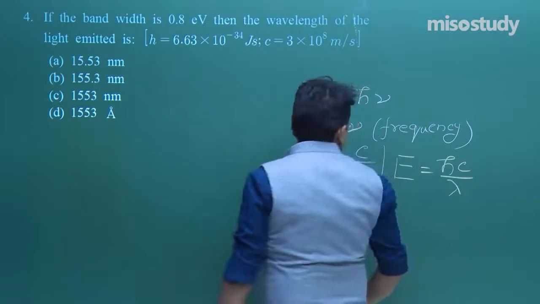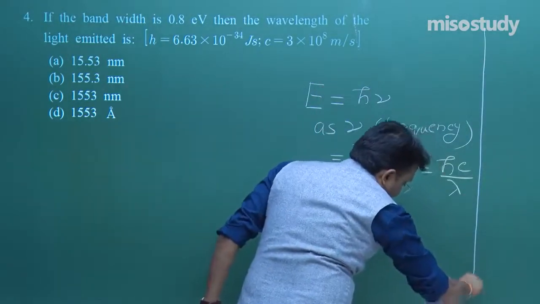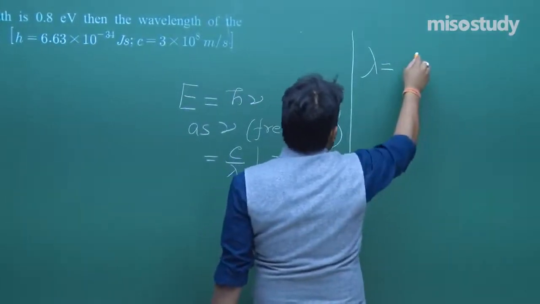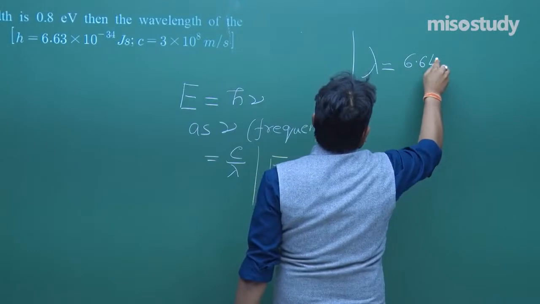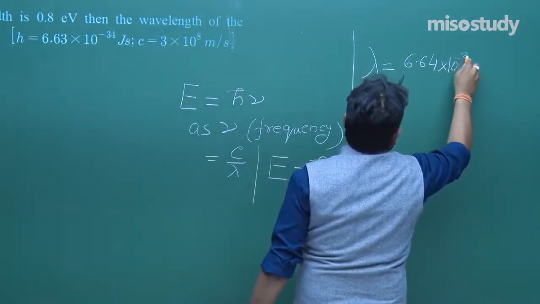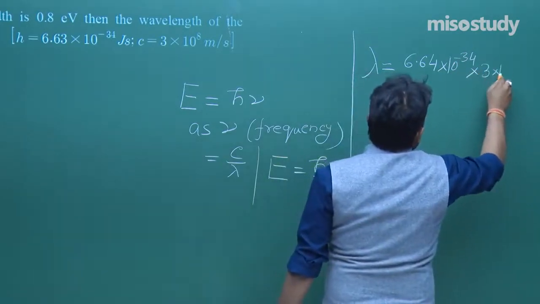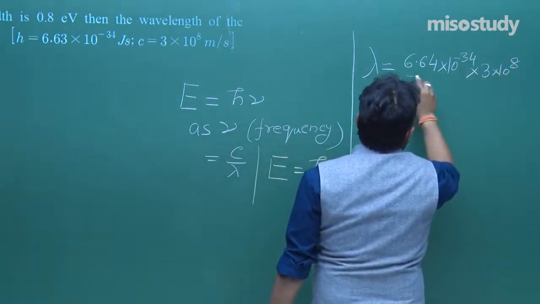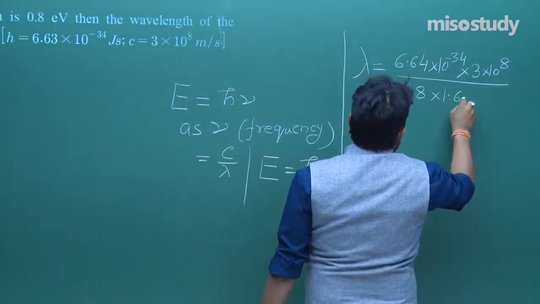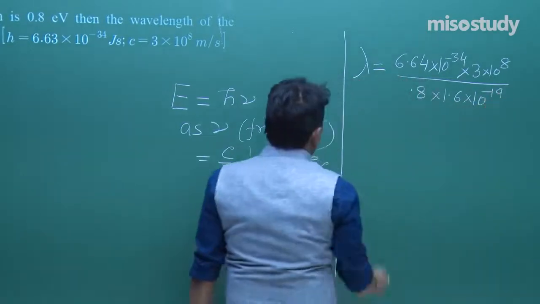So, let me put these values, let's use this space. Lambda is equal to 6.63 into 10 to the power minus 34 into 3 into 10 to the power 8 upon 0.8 into 1.6 into 10 to the power minus 19.